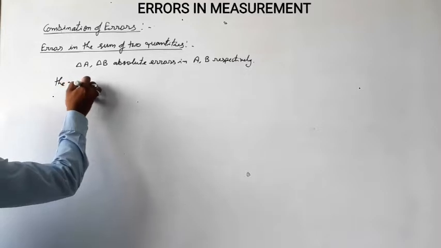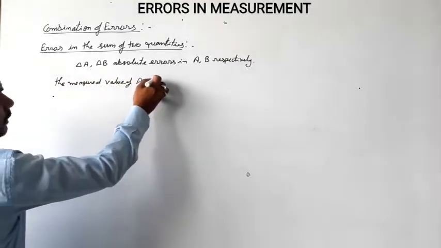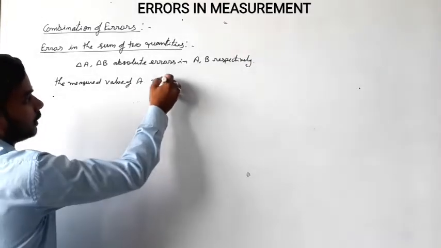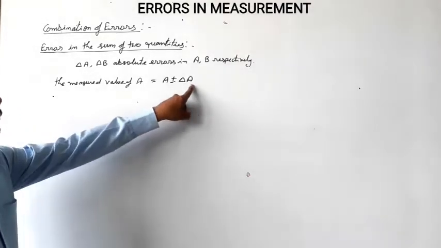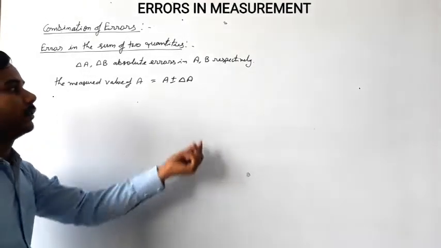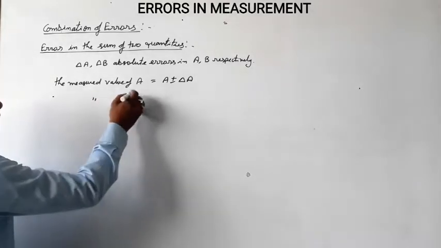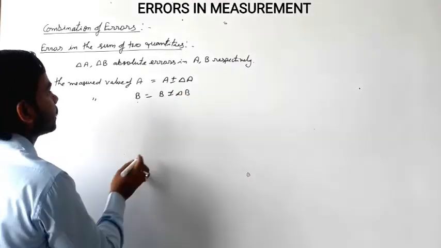The measured value of A can be written as A plus minus delta A, because delta A is absolute error and absolute error may be positive or negative. Now the measured value of B is B plus minus delta B.